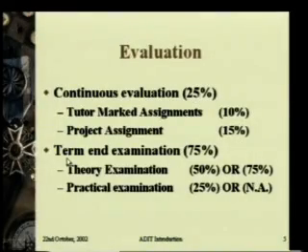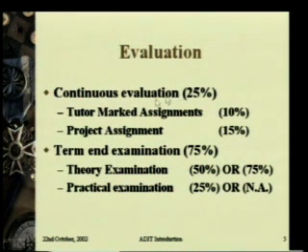What about the evaluation structure of this particular program? From the evaluation point of view, you have two components of evaluation. We will be evaluating you very rigorously, and these two components are continuous evaluation and term end examination.